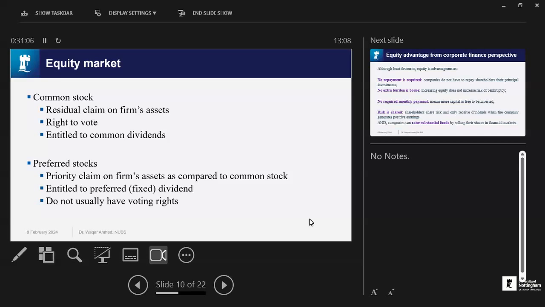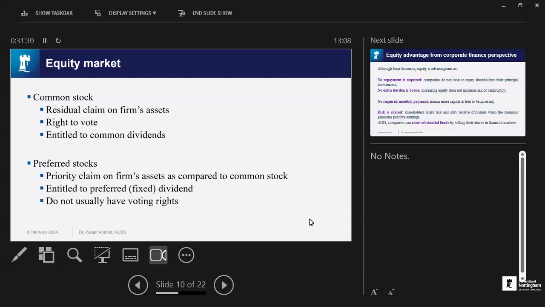Preferred stockholders get a priority claim on the firm's assets compared to common stocks. Common stocks get whatever is left after everybody else has been paid, so the claim of preferred stockholders comes prior to that of common stockholders.